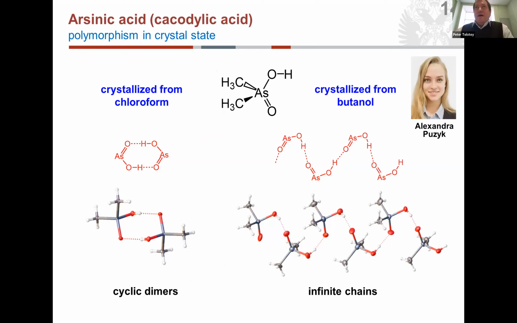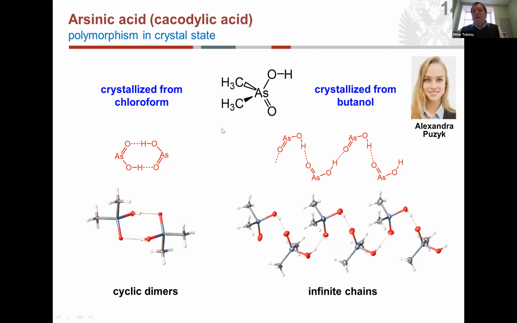Arsenic acids are an even trickier case because here some of the molecules show polymorphism. The same molecule can crystallize either as cyclic dimers or infinite chains. This is an example of dimethyl arsenic acid, or cacodylic acid.